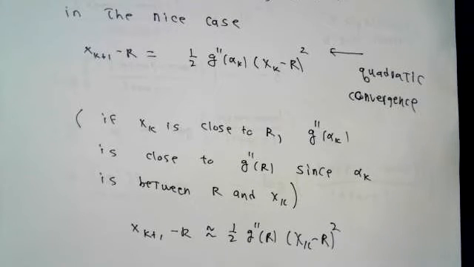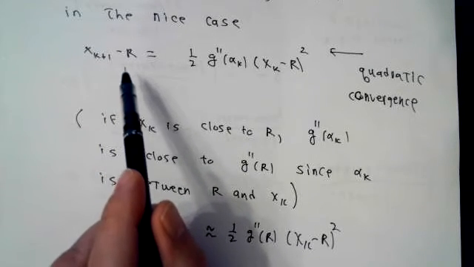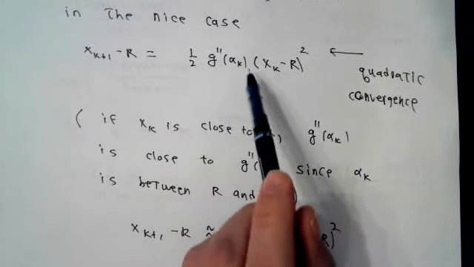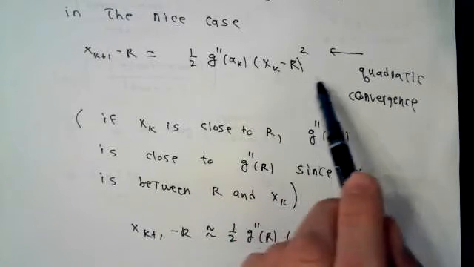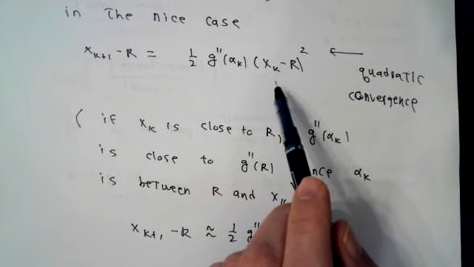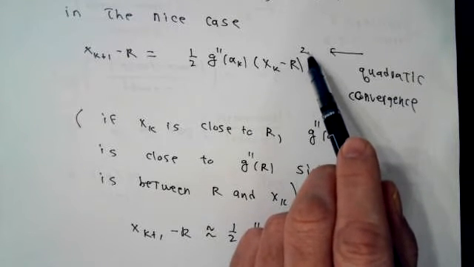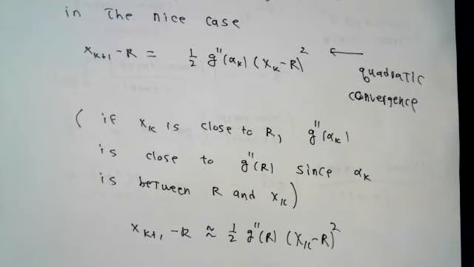So if we are doing Newton in the favorable situation, xk plus 1 minus r is some number that's roughly 1/2 times the second derivative of g at r, not times the error at step number k, but times the square of the error at step number k. Because of the 2, the second power, we call this kind of convergence quadratic convergence. And here I've written out in symbols what I just said verbally.